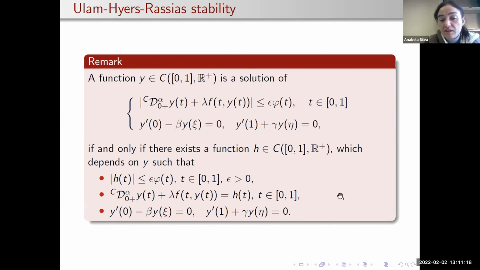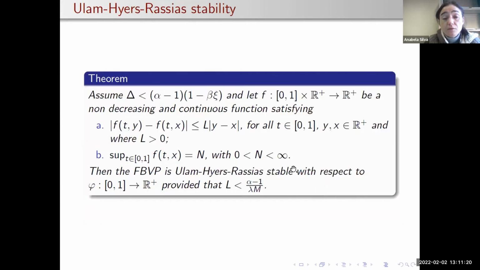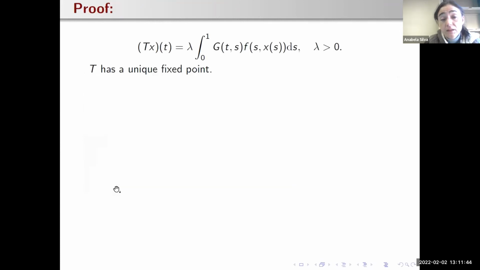The initial conditions are again the same. For this case, we obtain that, assuming that initial condition, considering the function f, which should have a finite supremum, we assume again the Lipschitz condition, and the fractional boundary value problem will be Ulam-Hyers-Rassias stable with respect to this function phi. So to prove that, we consider again the operator T with a unique fixed point.